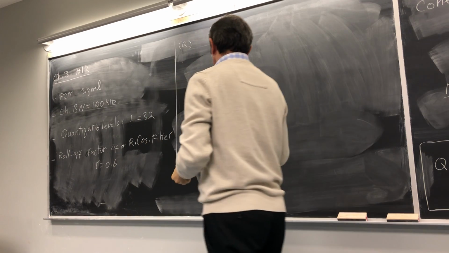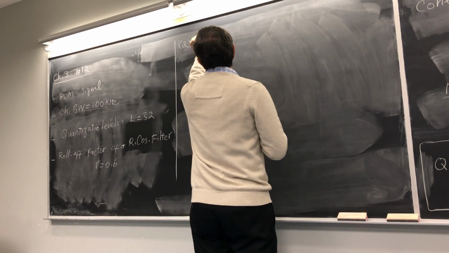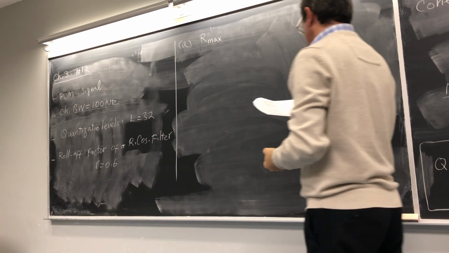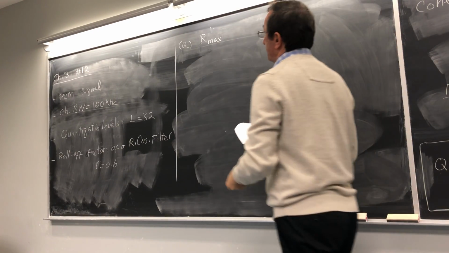A. Find the maximum bit rate that can be used by this system without introducing ISI.